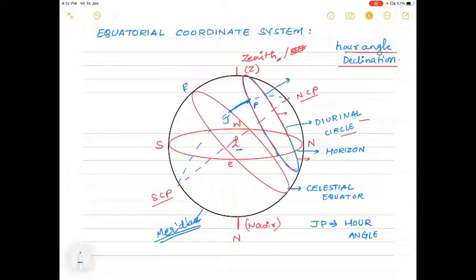Suppose at point R and T, if I nominate these points as R and T, and this circle Z, N, with nadir I will denote as N prime S. This great circle is called the local meridian or observer's meridian, when the great circle is passing through the zenith of the observer.